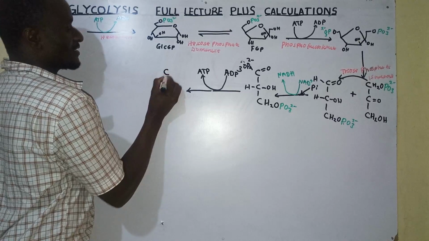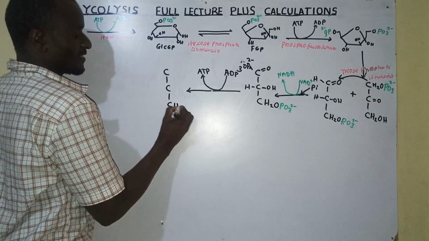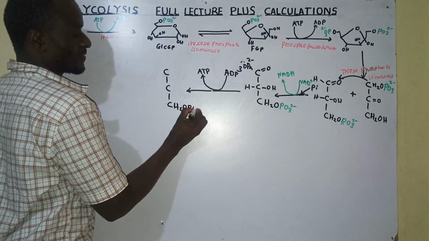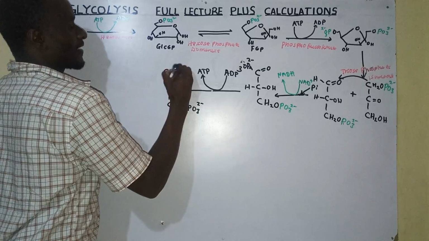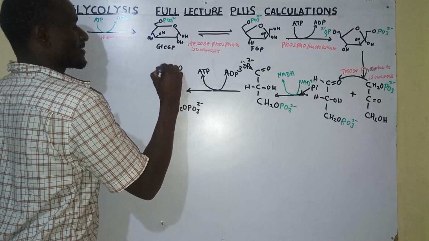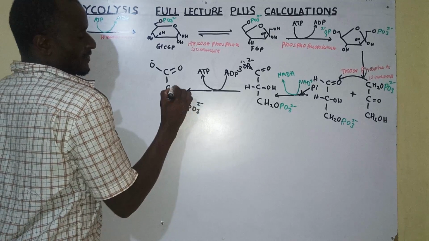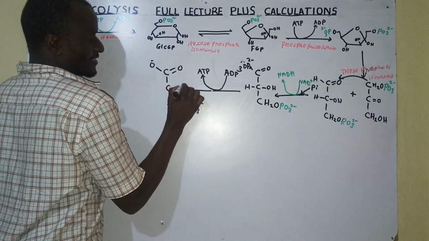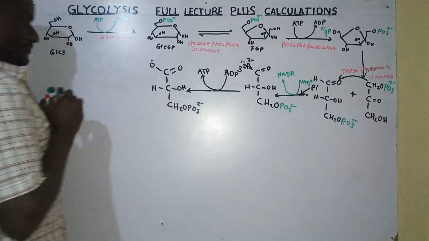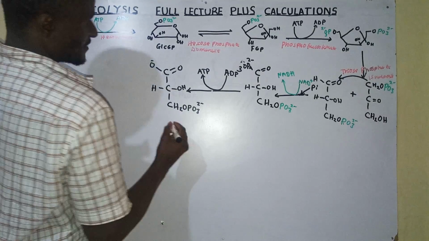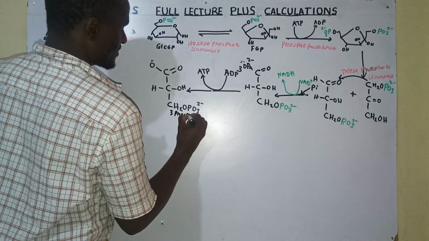And our resulting molecule will be like this. And our hydroxyl group at this particular point will be like that. So this is 3-phosphoglycerate.